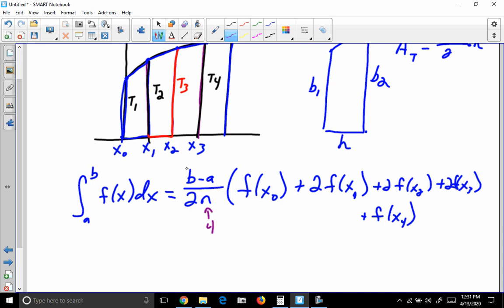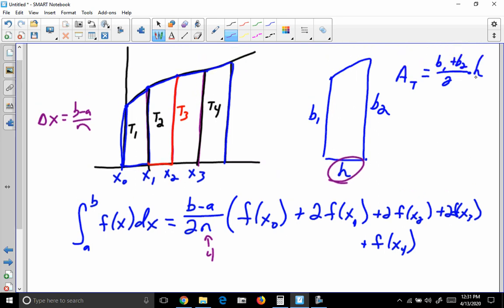The b minus a over n, that's delta x. So that's the height of the trapezoid. The 2 comes from here, and these are just the bases added together.